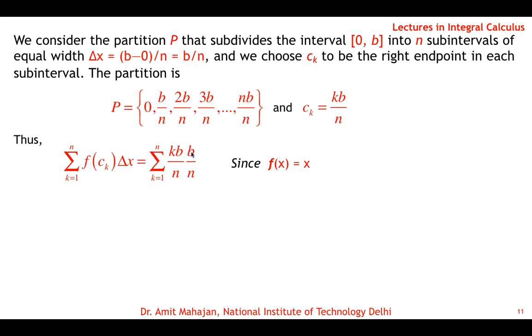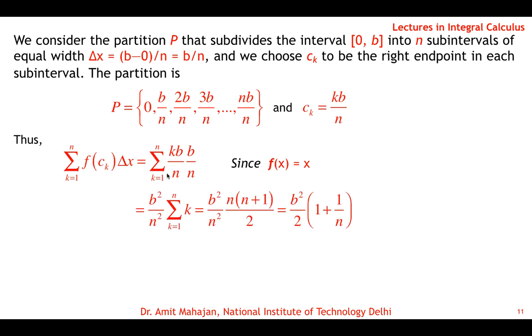Now b squared by n squared can go outside the summation as a constant, and we will have the summation of k. This is the sum of the first n numbers, which is n times (n plus 1) by 2. So we can rewrite this as b squared by 2 times (1 plus 1 by n).